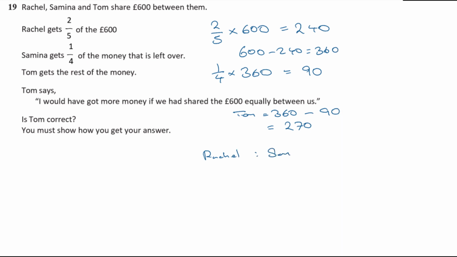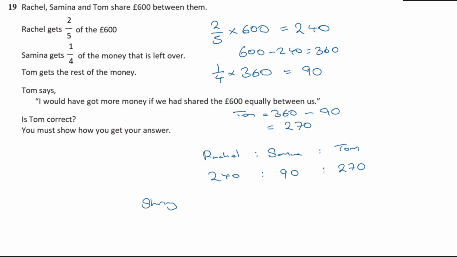So Rachel, Samina, Tom. Rachel, we said, got 240. Samina got 90. She got a bit stiff there. And then Tom got the rest, so he got the most. He got 270. Now, is that more or less than he would have got if they'd just shared it out?